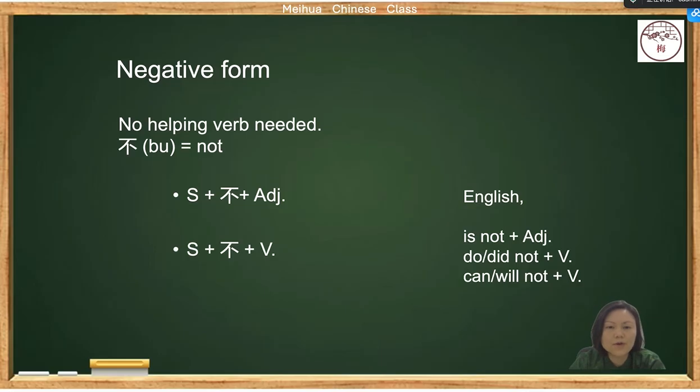The second one for verbs, also we add a 不, which means not, between the subject and the verb.